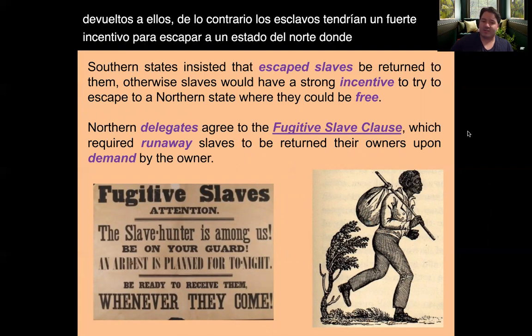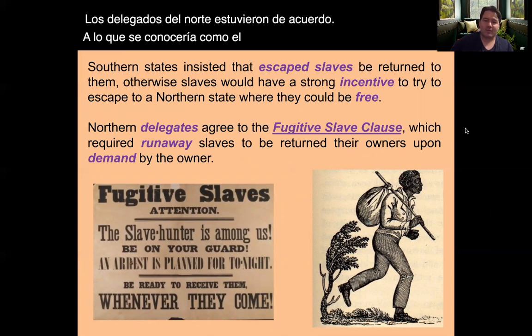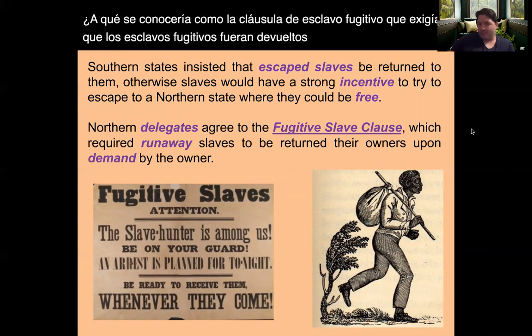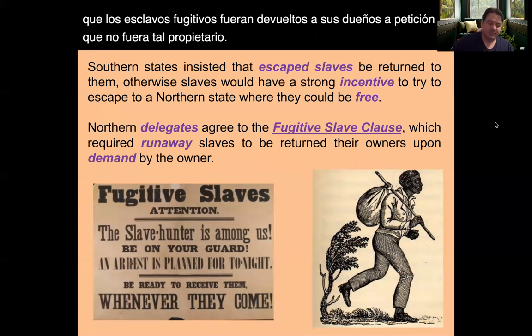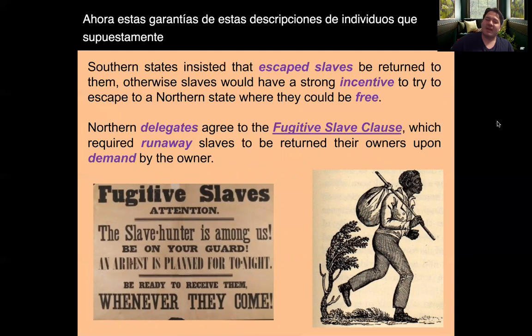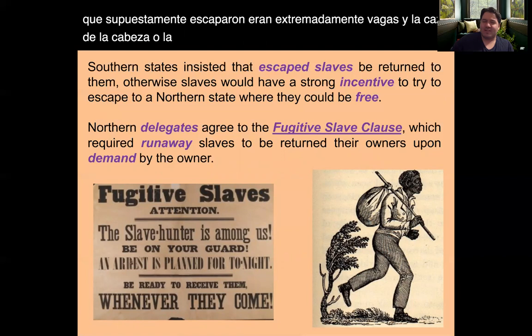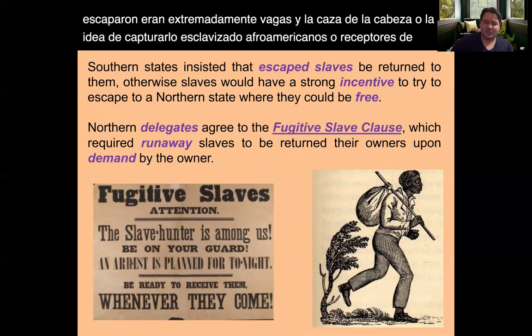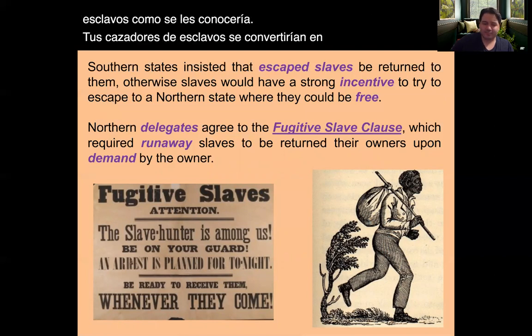Northern delegates agreed to what would become known as the Fugitive Slave Clause, which required runaway slaves to be returned to their owners upon the demand of such owner. These warrants, these descriptions of individuals who supposedly escaped, were extremely vague, and capturing enslaved African Americans, as slave catchers or slave hunters, would become a very lucrative business.